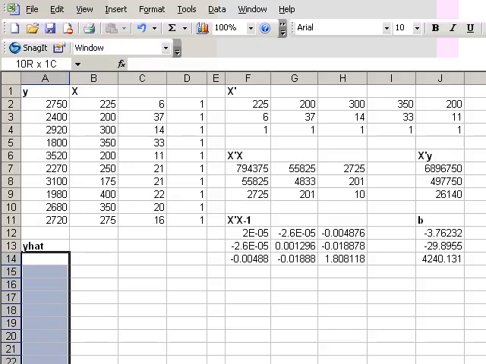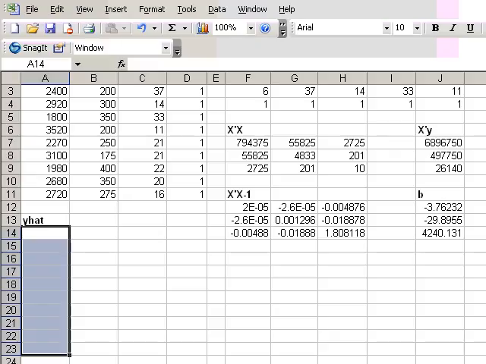First we will highlight 10 cells, and you can see that I have highlighted 10 cells here.